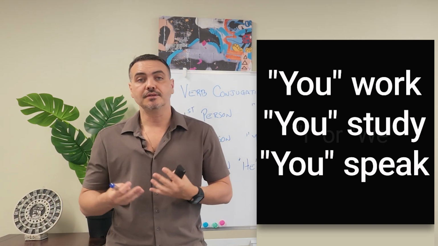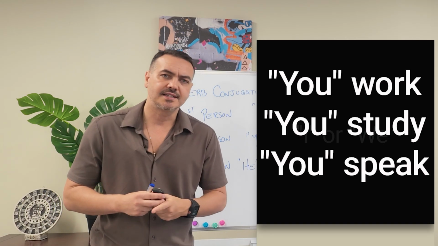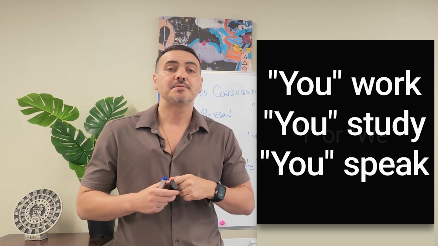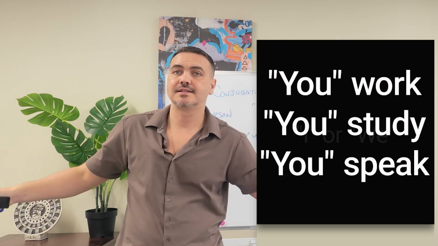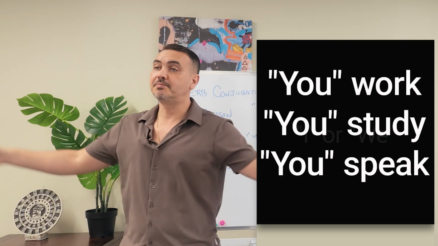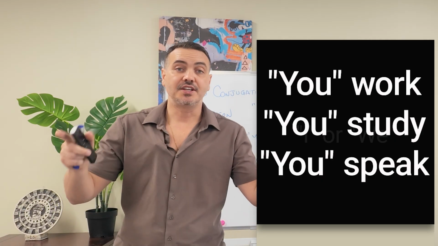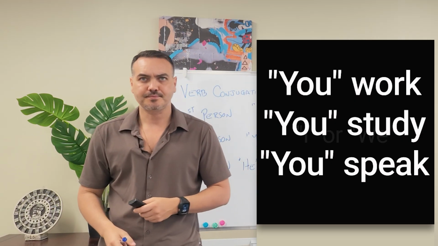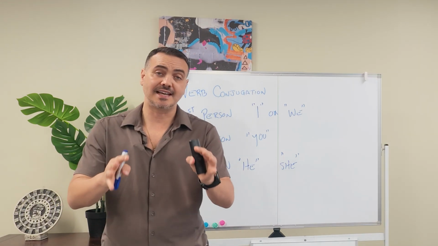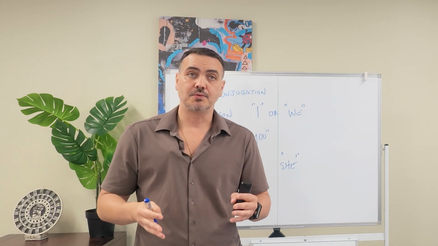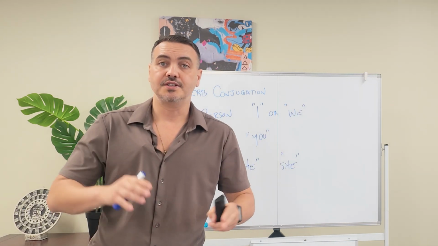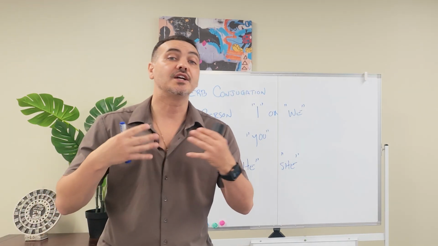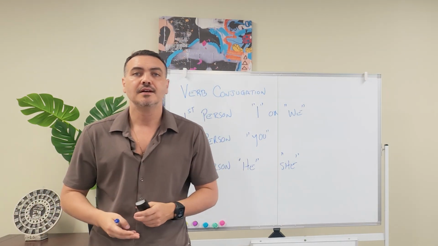So for example, if I'm speaking to one student, I can say you speak English. But if I'm speaking to a whole class, I can also say, you speak English. And even though I'm saying you, I am talking to everybody, okay? The verb stays the same in this scenario as well. You work, you study, you speak. We're not changing the verb, okay?